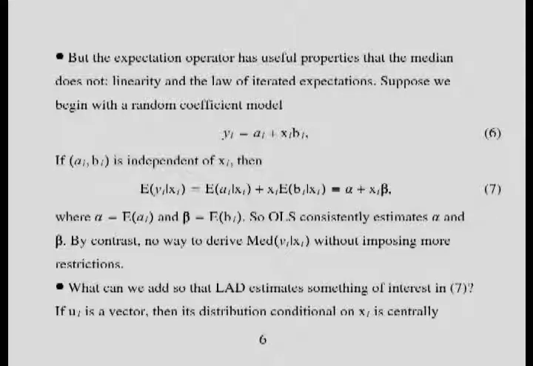So the other useful probabilistic feature of expectations is the law of iterated expectations, and there's no law of iterated medians, which is unfortunate actually. That makes it quite a bit harder to figure out sensible ways to do things like least absolute deviations when you have panel data with unobserved heterogeneity, for example. We'll talk about that in a little bit.